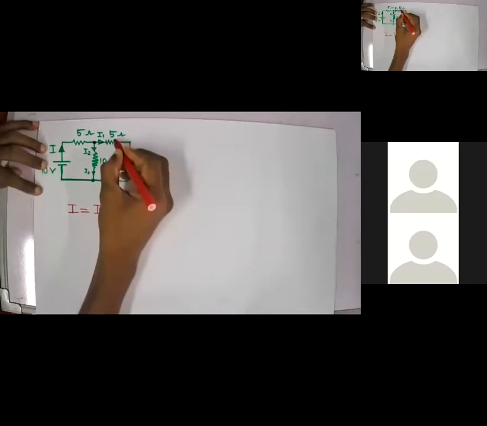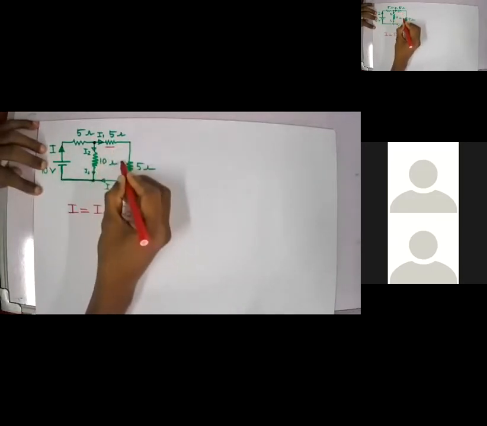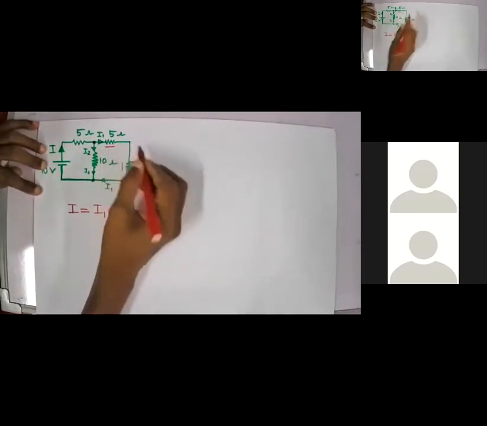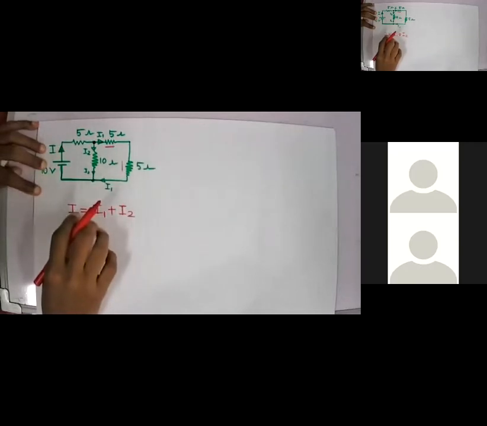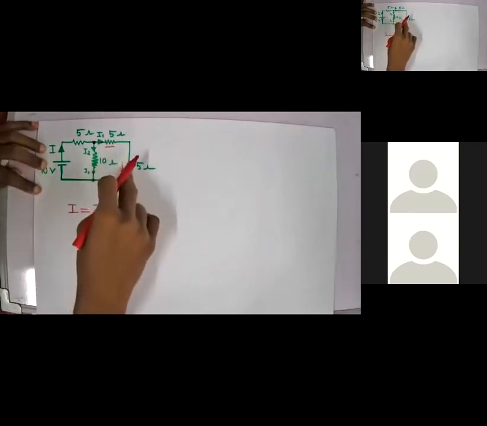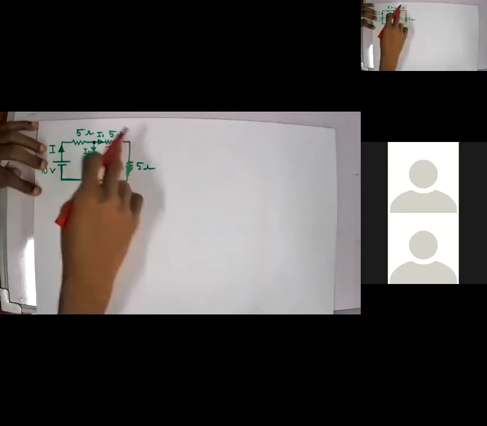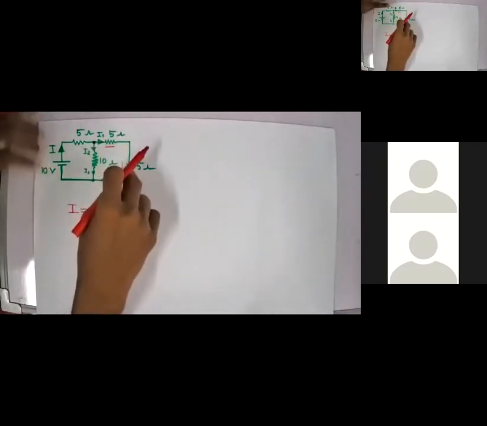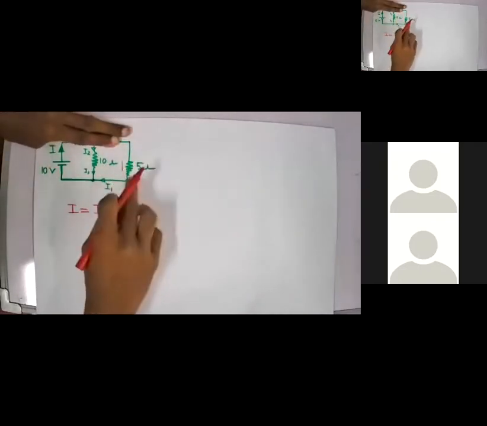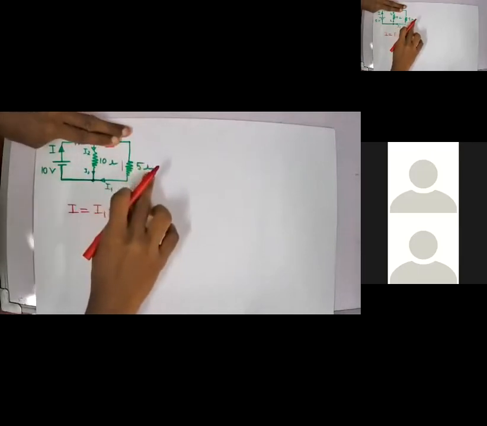Look at here, this 5 ohm resistor and this 5 ohm resistor are connected in series. Am I right? The resultant resistance will be 10, right? So I can remove this one and make it as 10.